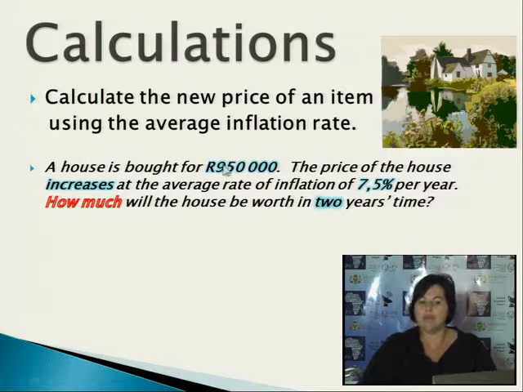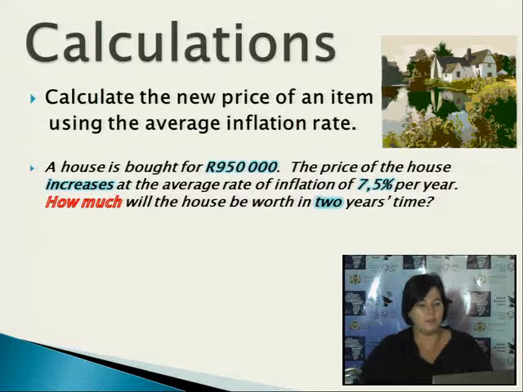It gave you the price of the house, which was 950,000. It told you that it increases. So immediately you must think, right, it's not going to become less than 950. My final answer must obviously be more than 950. So those are little keywords to help you.